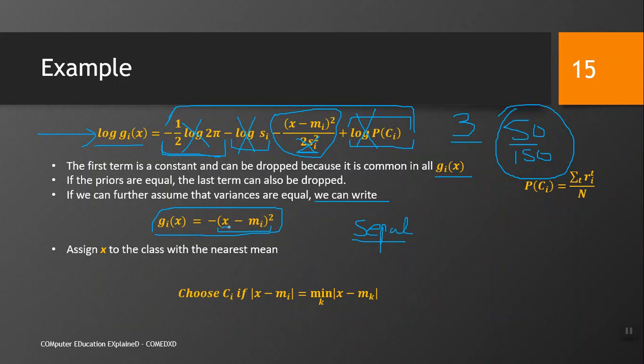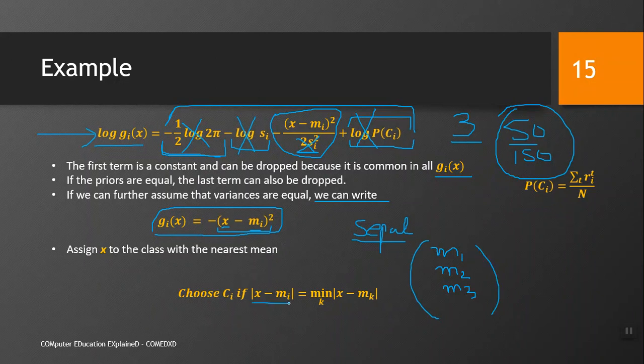So we subtract the sample mean from the value of x, and we also find means for each of the 3 classes. For example, previously we found M1 for class 1, we find M2, we find M3, and we take the difference of x with each class, right.